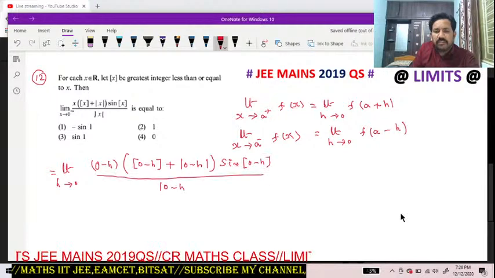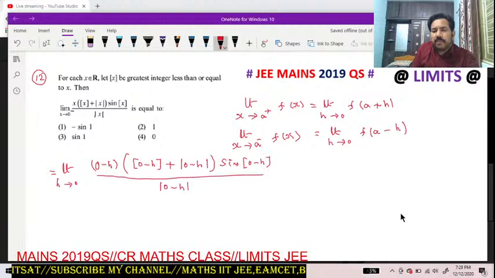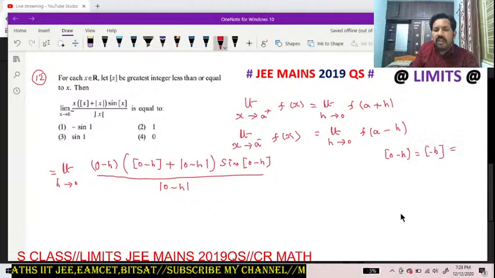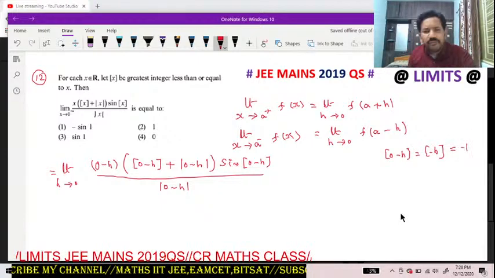Here step of 0 minus h is step of minus h. h is a very small value, that is a fractional part. Overall that value should be minus 1.